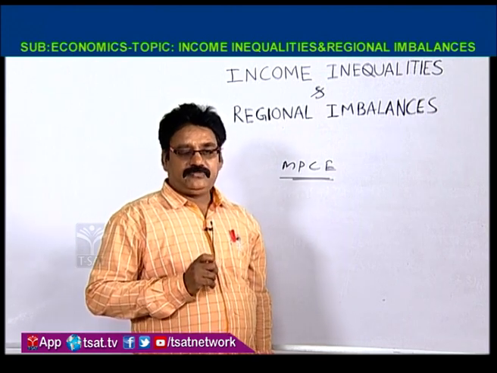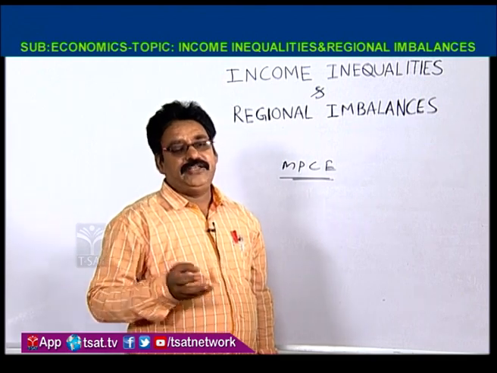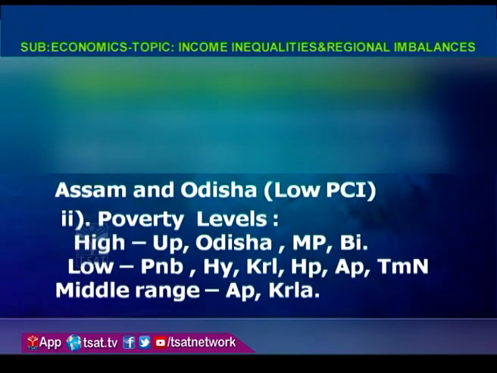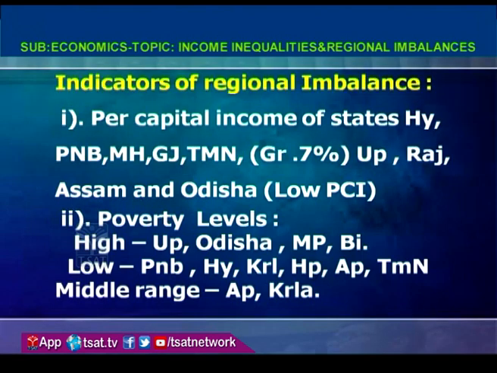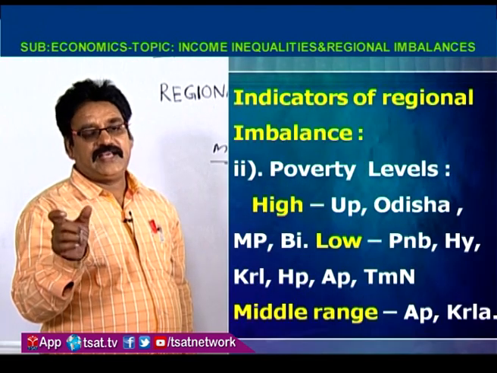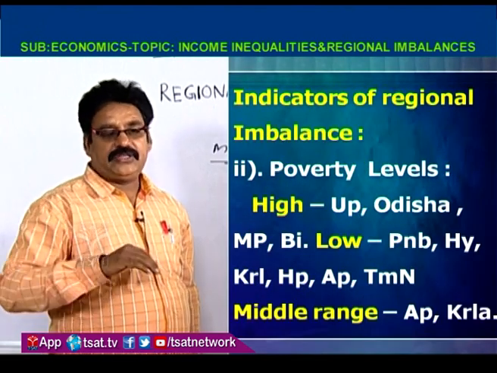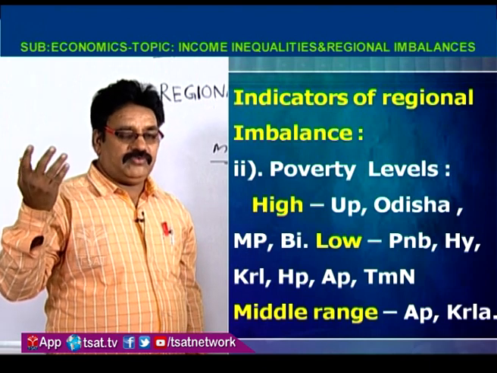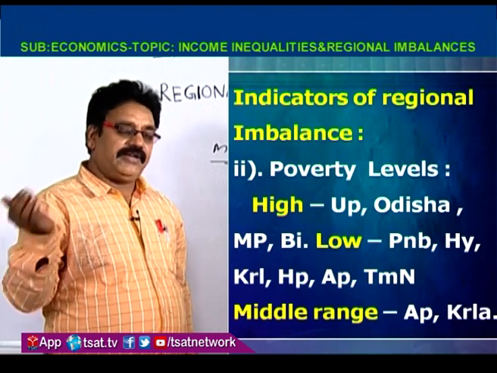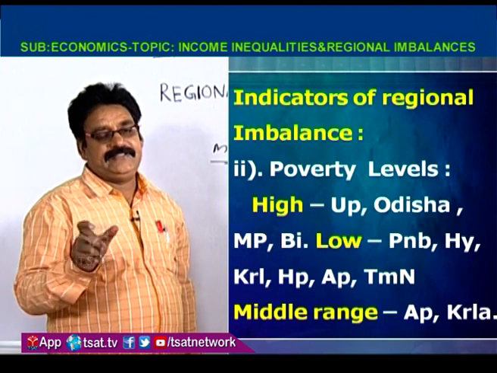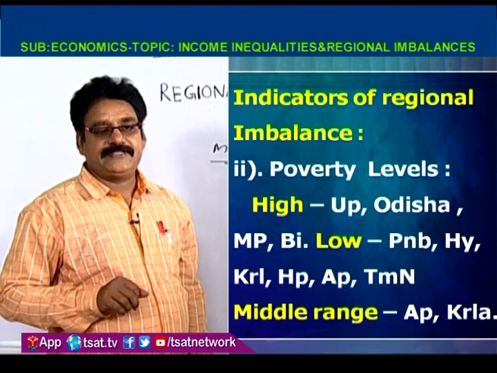High poverty levels we observe in UP, Odisha, Madhya Pradesh, Bihar, and low poverty levels in Punjab, Haryana, Kerala, Himachal Pradesh, Andhra Pradesh and Tamil Nadu. Andhra Pradesh and Kerala are middle range states, neither too high nor too low.